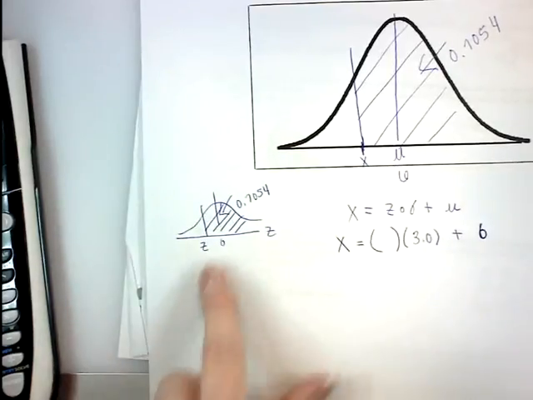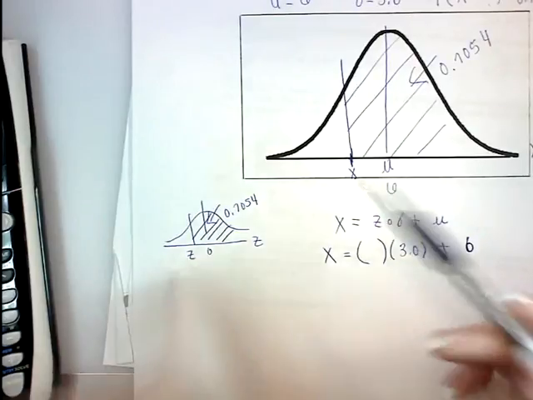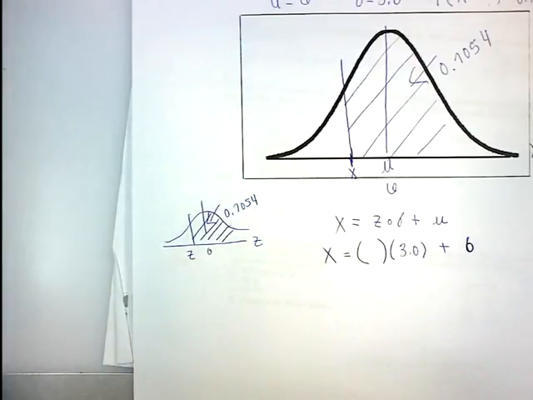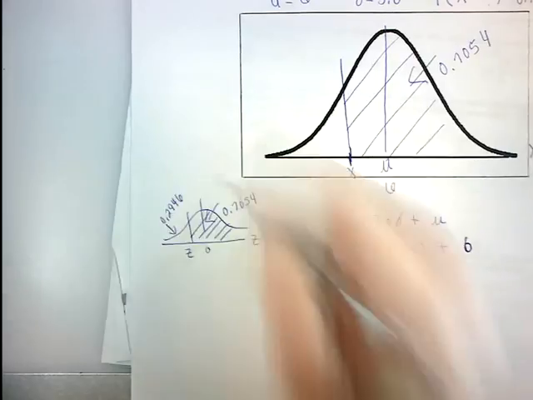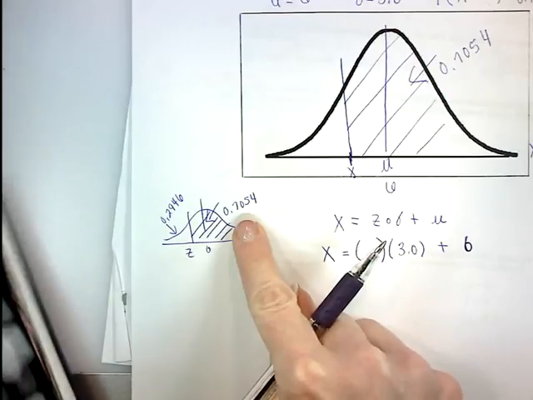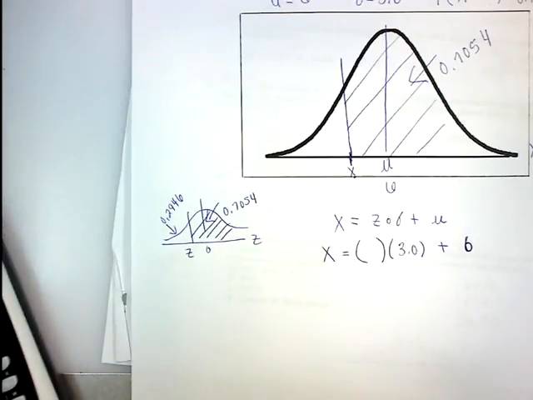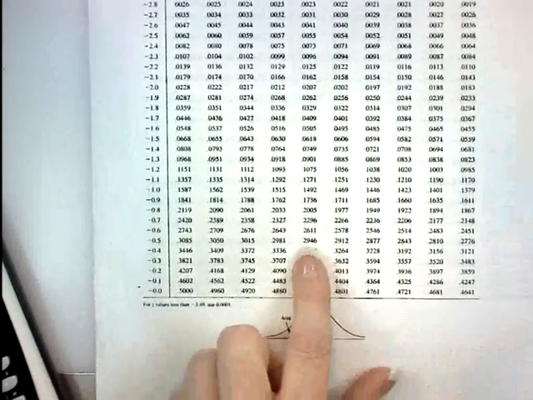So we're trying to find the unknown z for this unknown x. The area that we look up is the area below it, and that's 0.2946. 1 minus 0.7054 is 0.2946. So I'm going to look up 0.2946 and find the area closest to it, and it's actually exactly here.